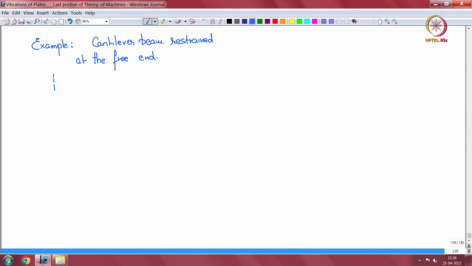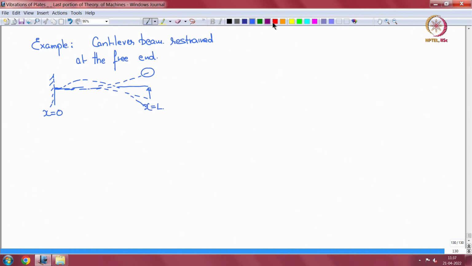We have a cantilever beam, and normally it is free at the other end, so that it vibrates in these modes. That is the first mode, or that is the second mode, etc. So it is free at this end. This is x equal to 0, this is x equal to L, that is the normal cantilever beam.